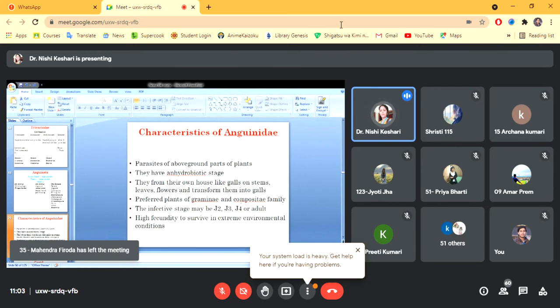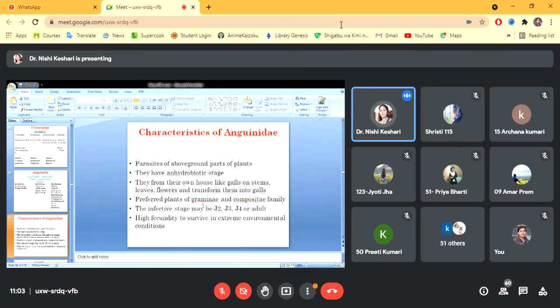Their preferred plants are of the Gramineae and Compositae families. They are parasites of Gramineae and Compositae, like wheat, and flowering plants like chrysanthemum, and of Rosaceae, like strawberry.